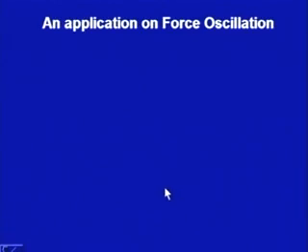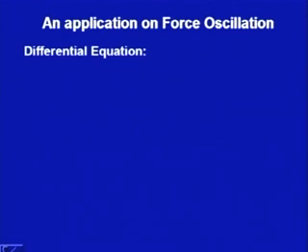Now, let us see an application to forced oscillation. We have done such a Fourier series, and here we are applying it in the differential equation. Remember what we mean by forced oscillation: the governing differential equation is m y double dash plus c y dash plus k y equal to r(t), where m is the mass, c is the damping coefficient, k is the coefficient of the spring, and r(t) is your input function.